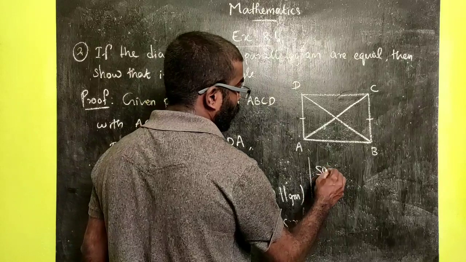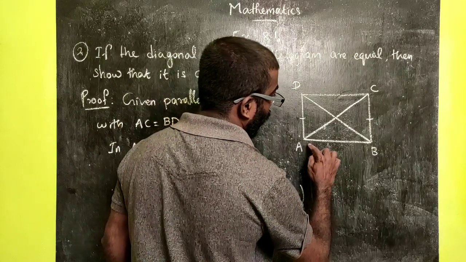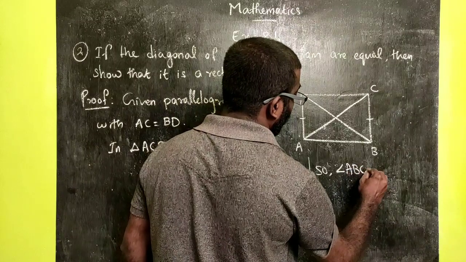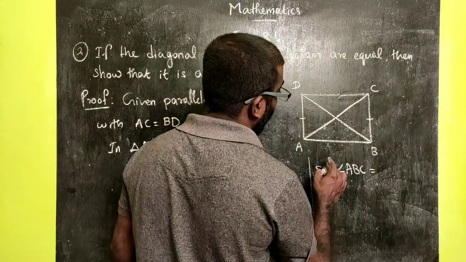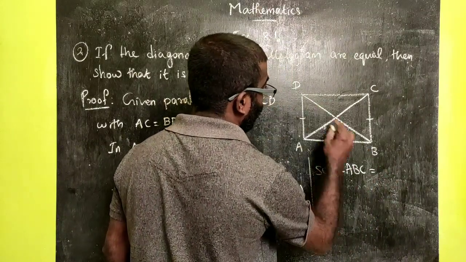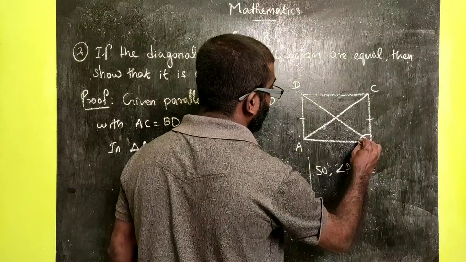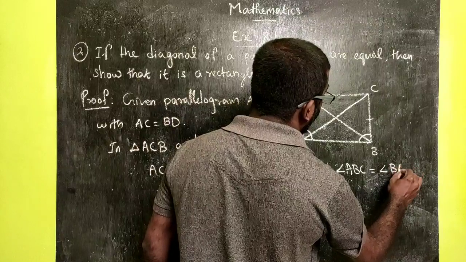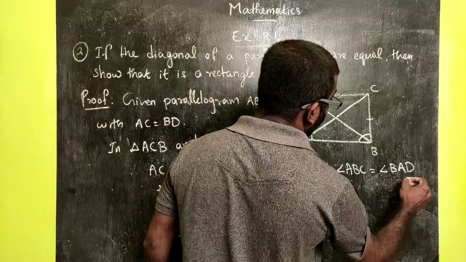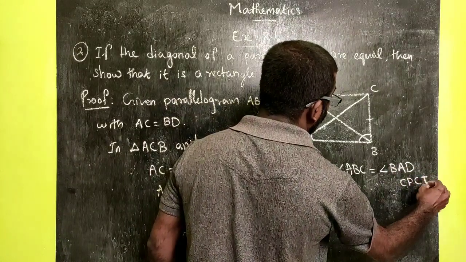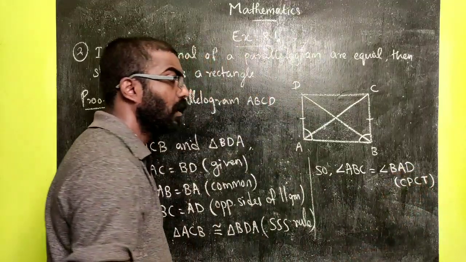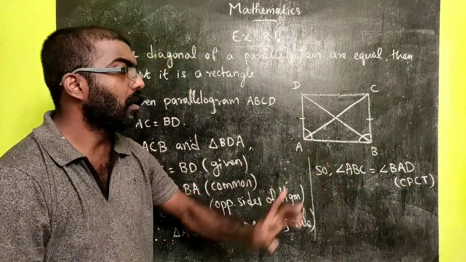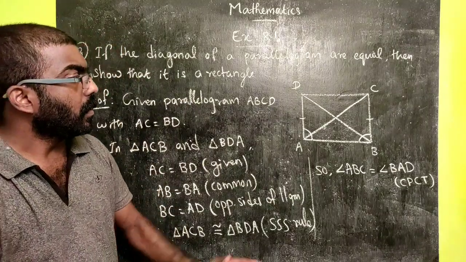So we can write angle ABC equal to angle BAD. This one ABC, here BAD. CPCT. Corresponding parts of congruent triangles are equal. So we can write angle ABC equal to angle BAD.